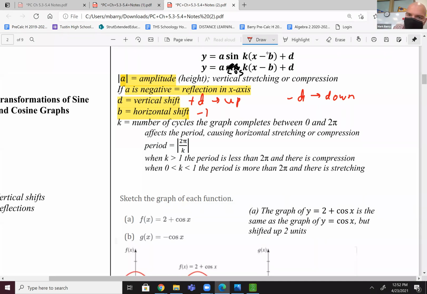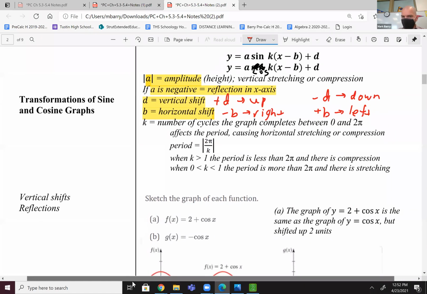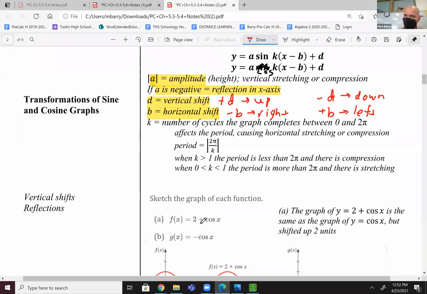If it's subtracting, it's going to move it to the right. You would think that would be left, but it's counterintuitive. If it's adding a number, that's going to move it to the left, okay? So the up and down is kind of intuitive, the way you would think. The left or right is counterintuitive, the way you would not think.